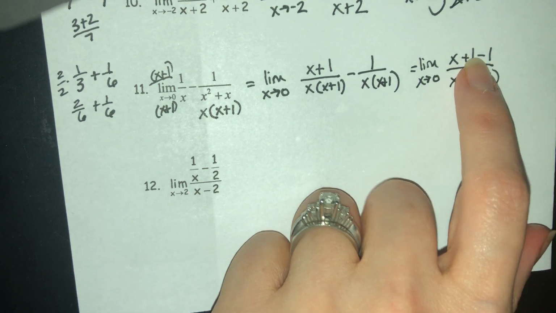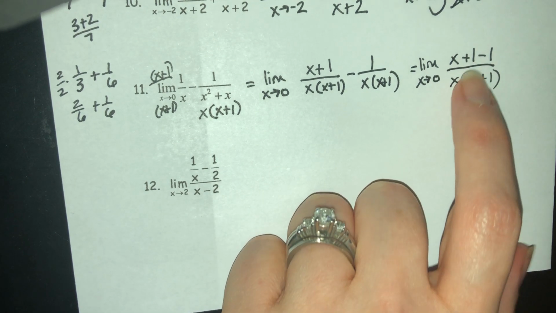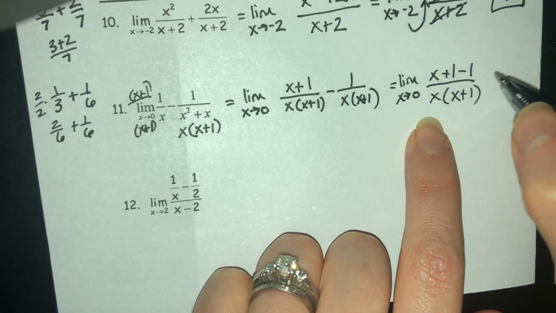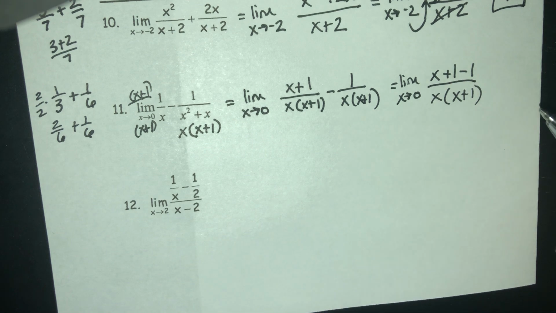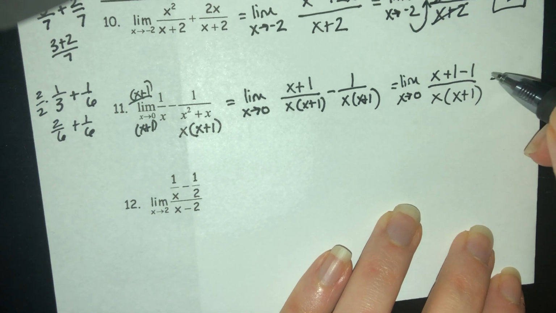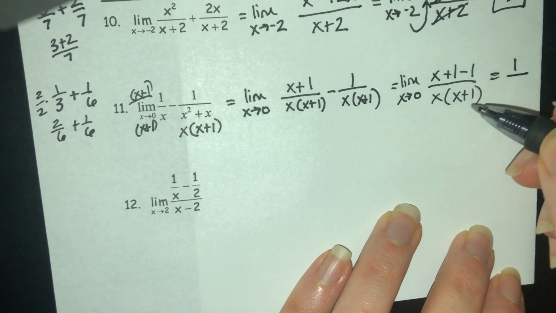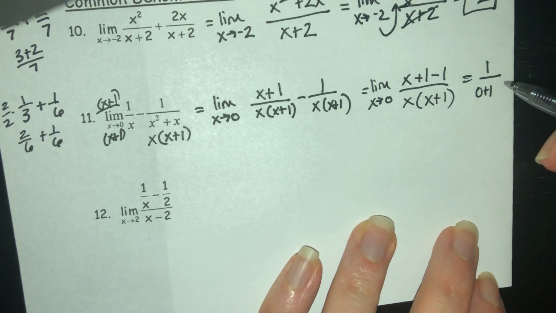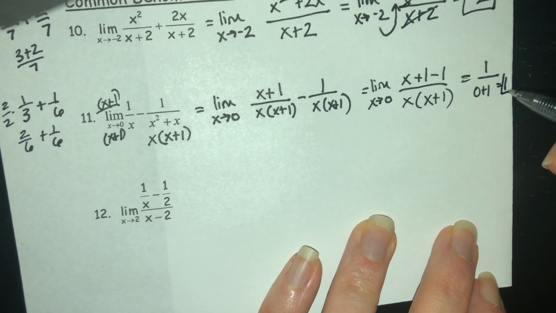And then these ones obviously subtract to equal 0. So I'm just left with an x in the top, and that x divides out with the x on the bottom. So my numerator is going to be 1, and my denominator will be 0 plus 1, which means the answer equals 1.